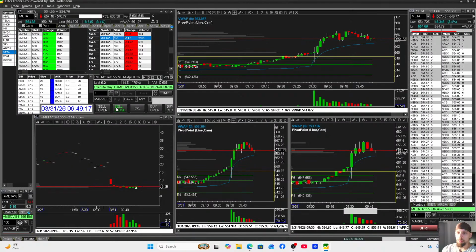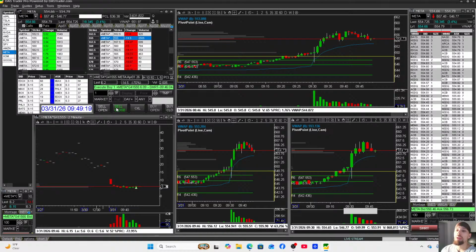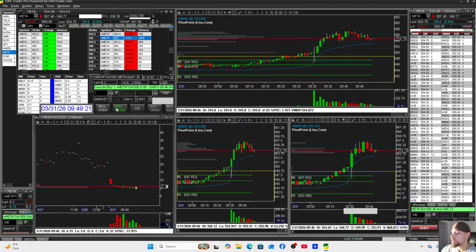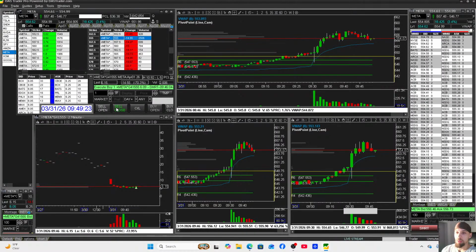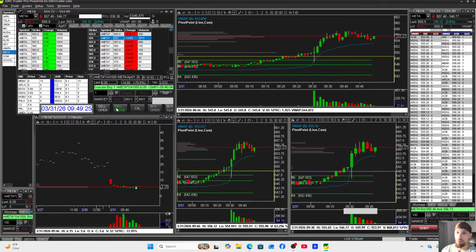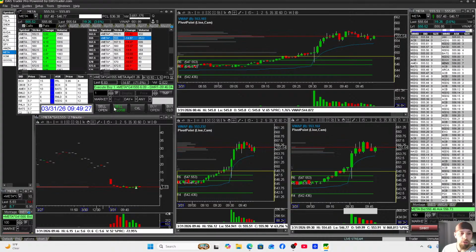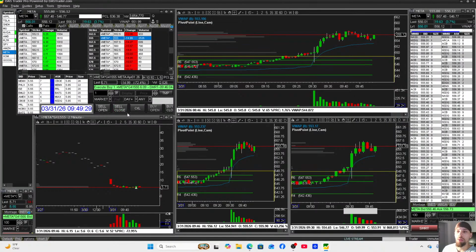Market's trying to find some strength, but the overall sentiment of the market seems weak, so okay, seems like it's going to pop here.